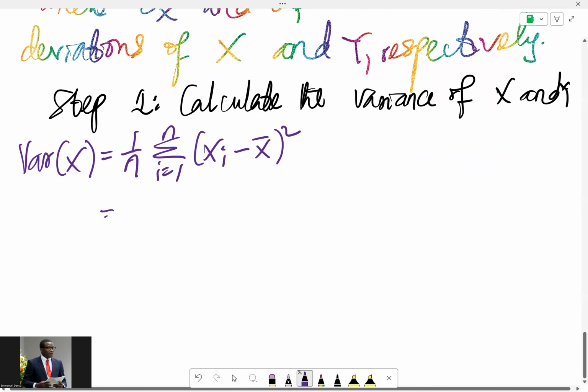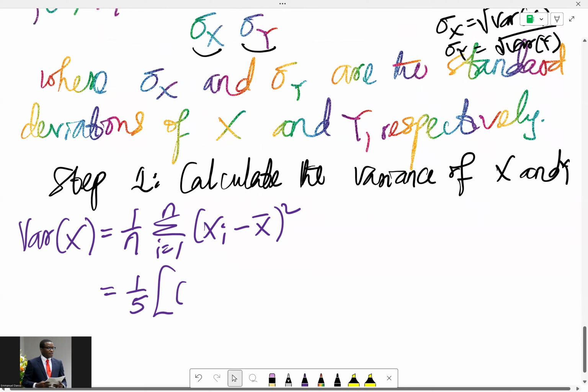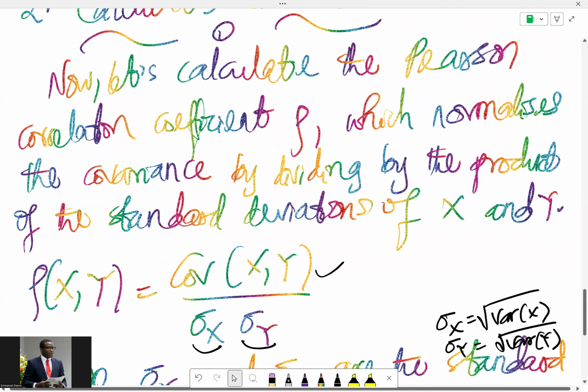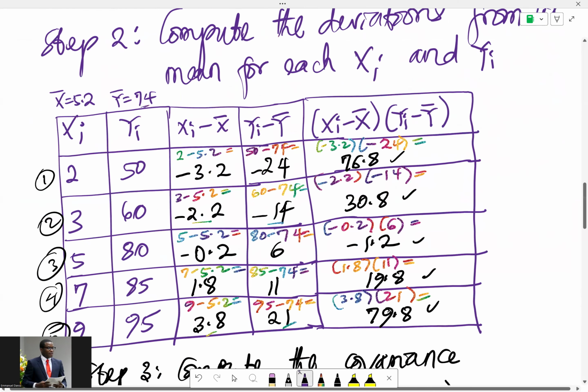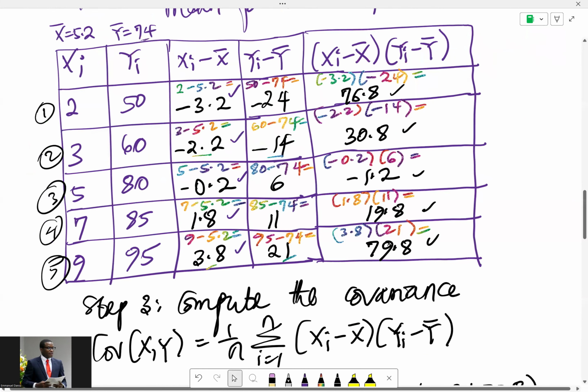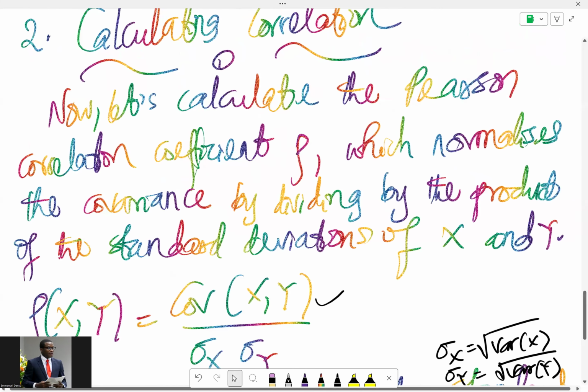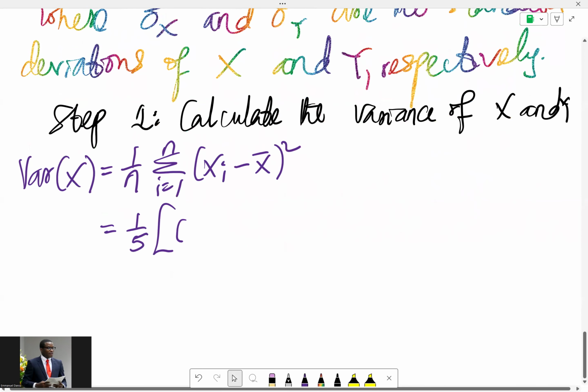Here that's 1/5 because we have 5 students we're dealing with, times all the xi minus x bars. So minus 3.2, minus 2.2, minus 0.2, 1.8, 3.8. Those are the deviations, and we divide by the number of students.